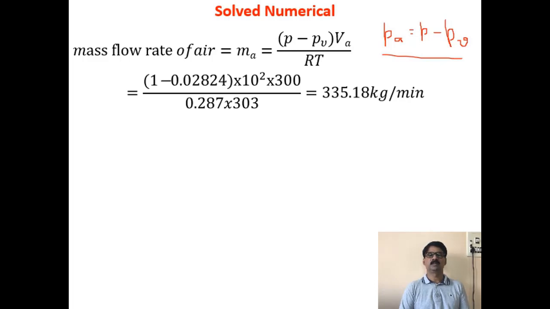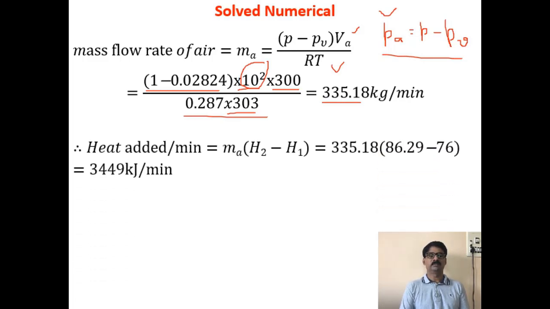So PA into VA by RT: P minus PV is 1.01325 minus 0.02824, multiplied by 10 to the power 2 to convert into kilopascal. Volume flow rate is given as 300 meter cube per minute, R is 0.287, and the initial temperature you have to use is 30, that is 303 Kelvin. So you will get 335.18 kg per minute.